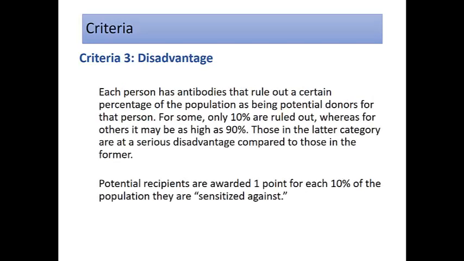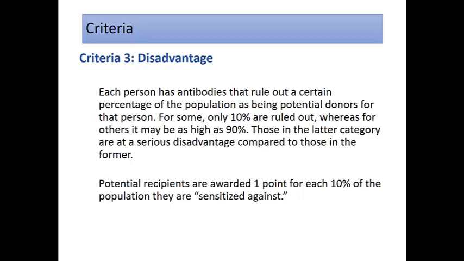The third criteria is disadvantage. So each person has antibodies that rule out a certain percentage of the population as being potential donors for that person. For some, only 10% are ruled out, whereas for others it may be as high as 90%. And those in this latter category, those who will not match with 90% of the population, are at a serious disadvantage compared to those who only have a mismatch with 10%.